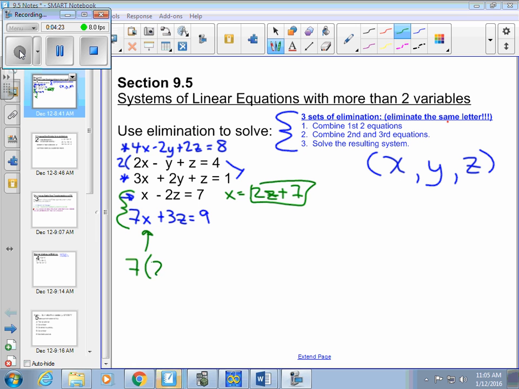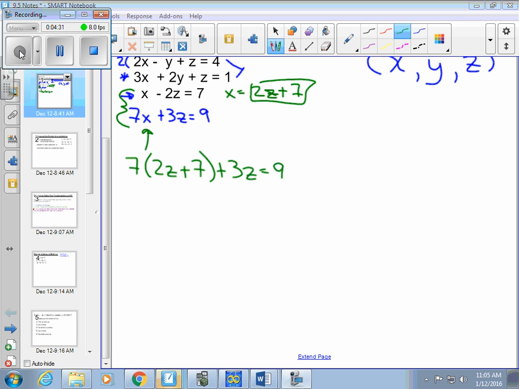7 times 2z plus 7 plus 3z equals 9. Simplifying, 14z plus 49 plus 3z equals 9.